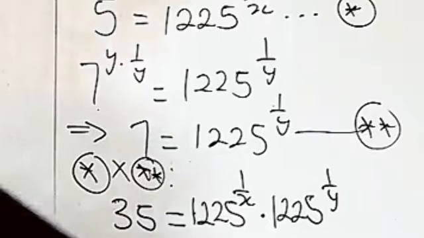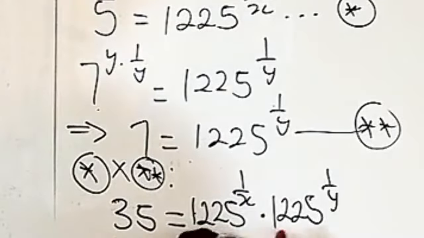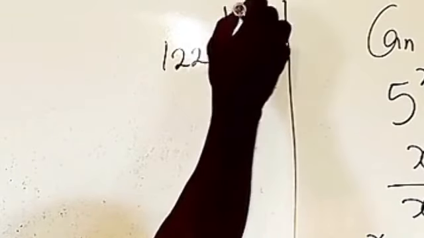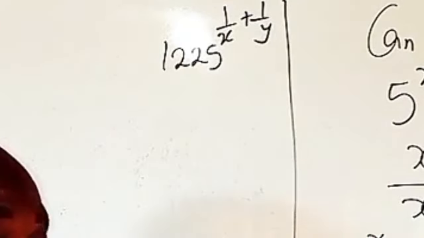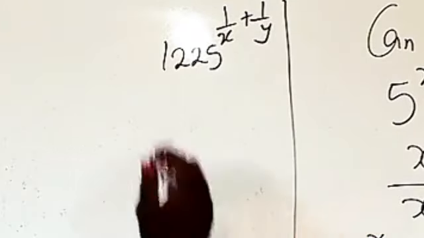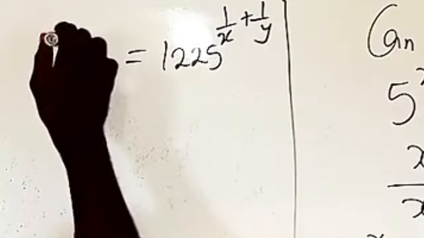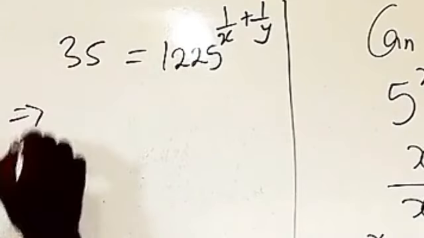Now you can see that these have the same base, and when the bases are the same, we have to add the powers, from the law of indices: 1 over x plus 1 over y.